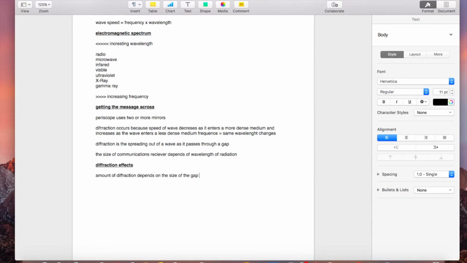Most diffraction occurs when the gap is a similar size to the wavelength. Larger gaps show less diffraction.